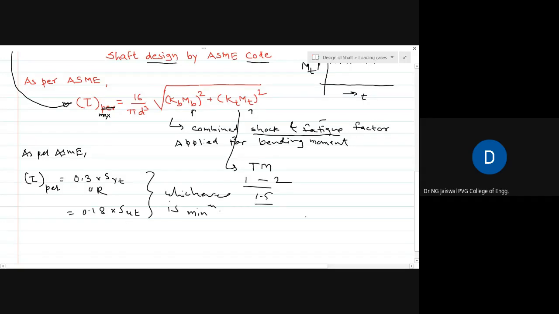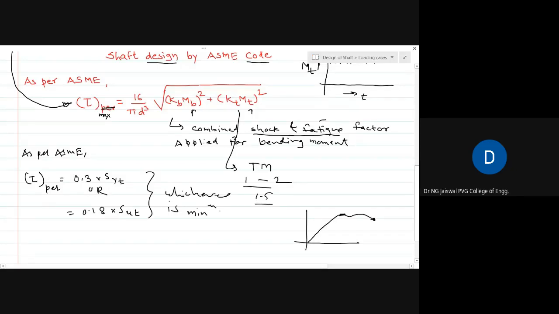If you refer this to a simple steel stress strain diagram, you get some yielding here and you get some breakage here. This is SYT, and this is SUT. Okay, right? So SUT is always more than SYT.